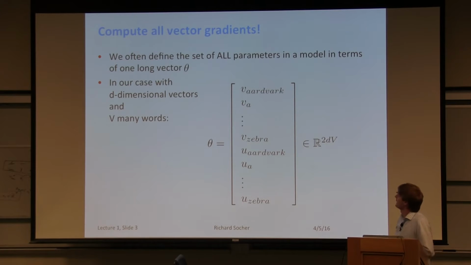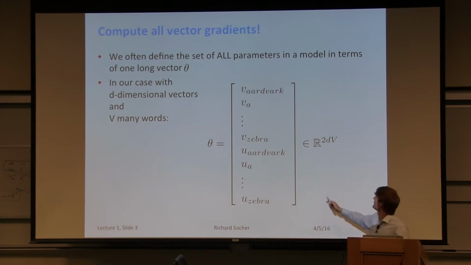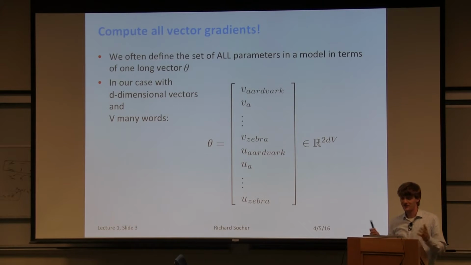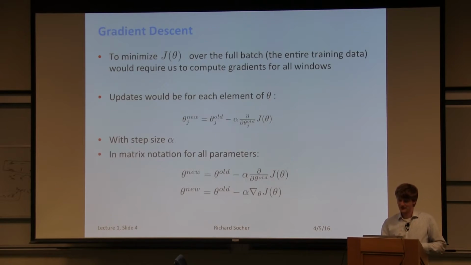So this will be a very high dimensional vector theta. 2d times V, d again usually between 25 to 500 or so. V on the other hand could be hundreds of thousands, right? So this is a very high dimensional vector theta.